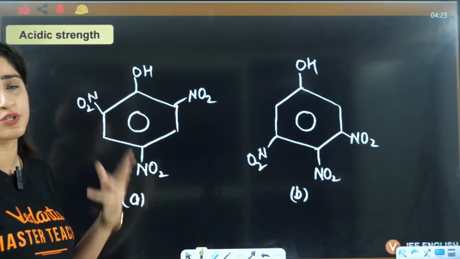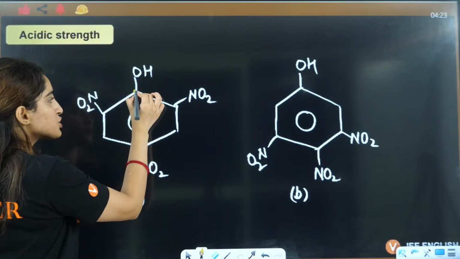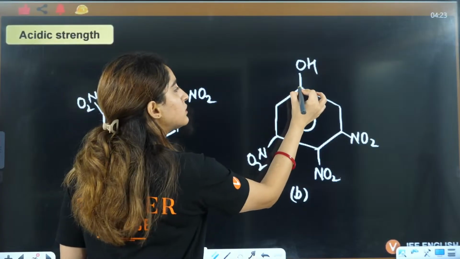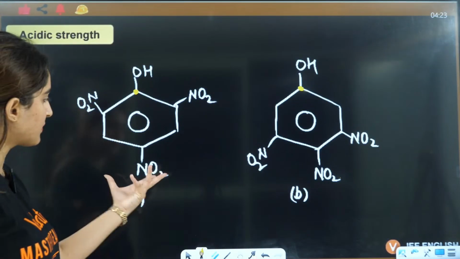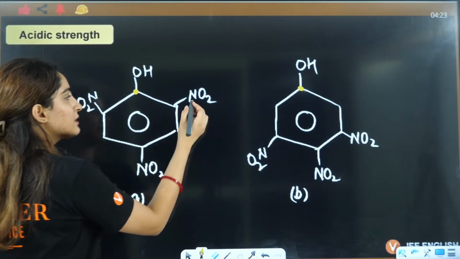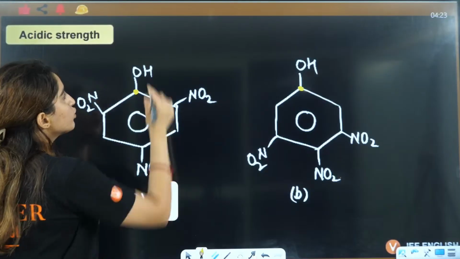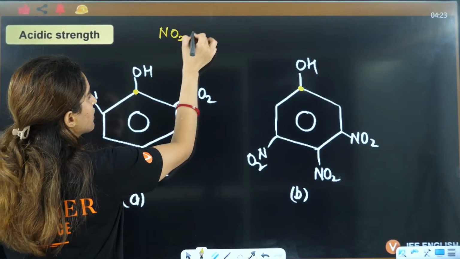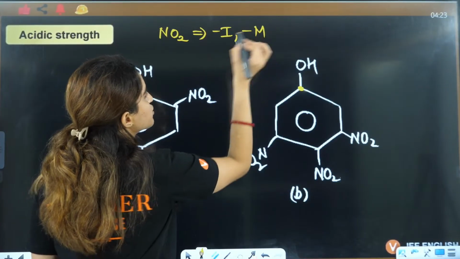If you see these two compounds, let's talk about the mesomeric effect from this position. In this case, on the para position, NO2 shows two effects: minus I also, minus M also, right?